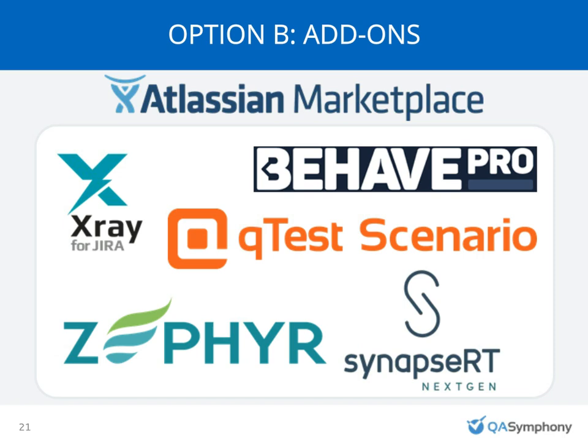Both of those are niche plugins, whereas Zephyr and X-Ray try to do everything you can within test case management inside of JIRA. Qtest Scenario and Behave Pro are really focused on that BDD and ATD type testing for smaller teams, possibly those embracing more of an Agile 2.0 space inside of JIRA.